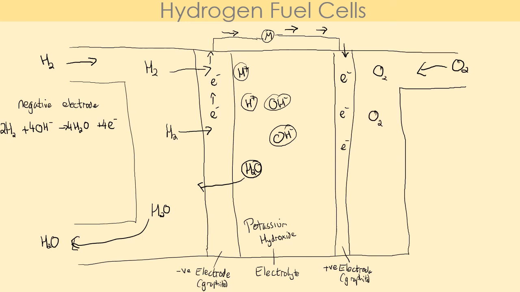The oxygen will diffuse through the electrode and combine with the H+ ions to form OH-. So it will gain electrons at this stage from the positive electrode to form negative ions, and we can then combine with the hydrogen ions to form OH-.